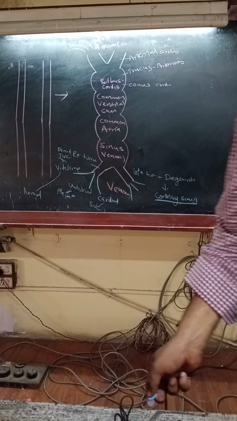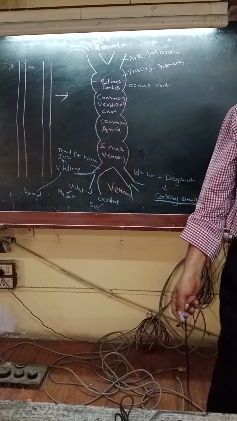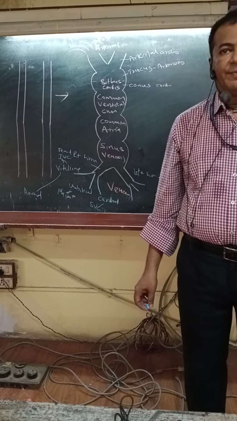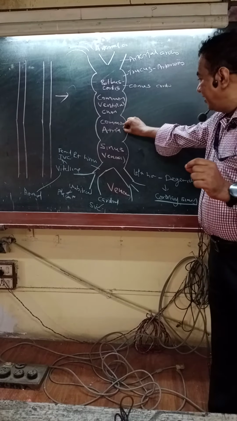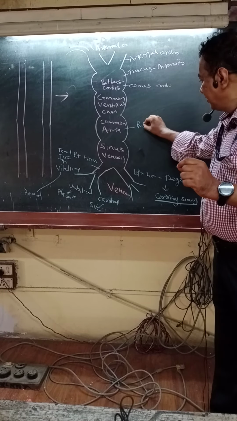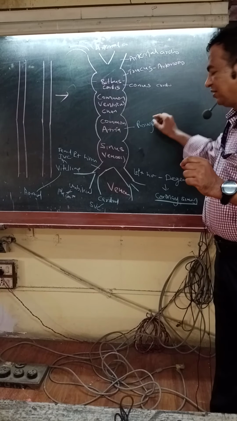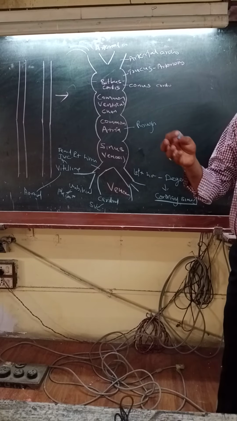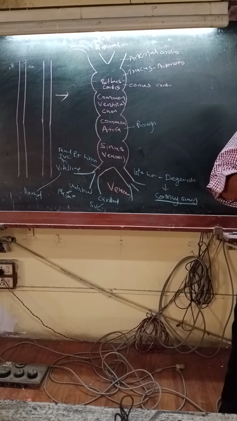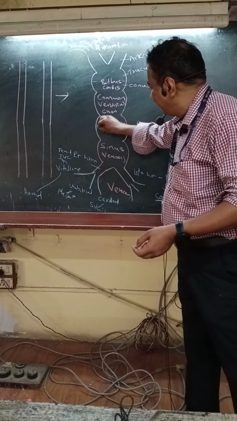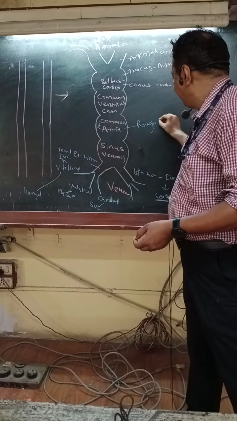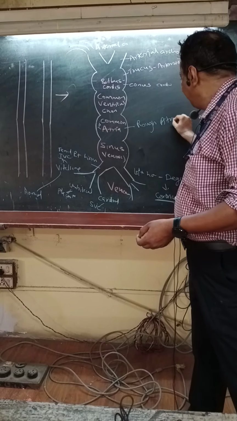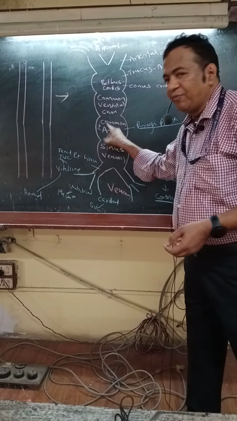Each chamber of the heart has a smooth part and a rough part. Rough parts of the heart are formed from the primitive chambers. The rough part of the atria is formed from the primitive atrial chamber.